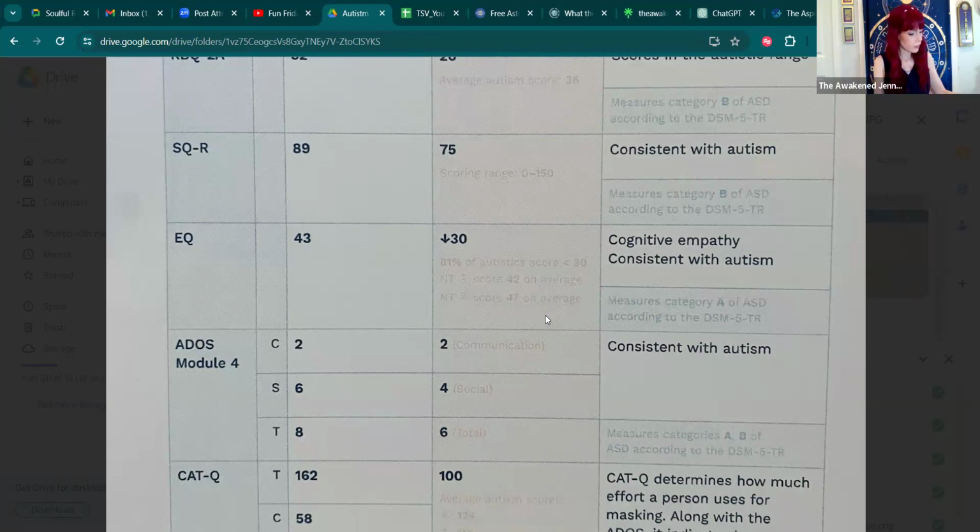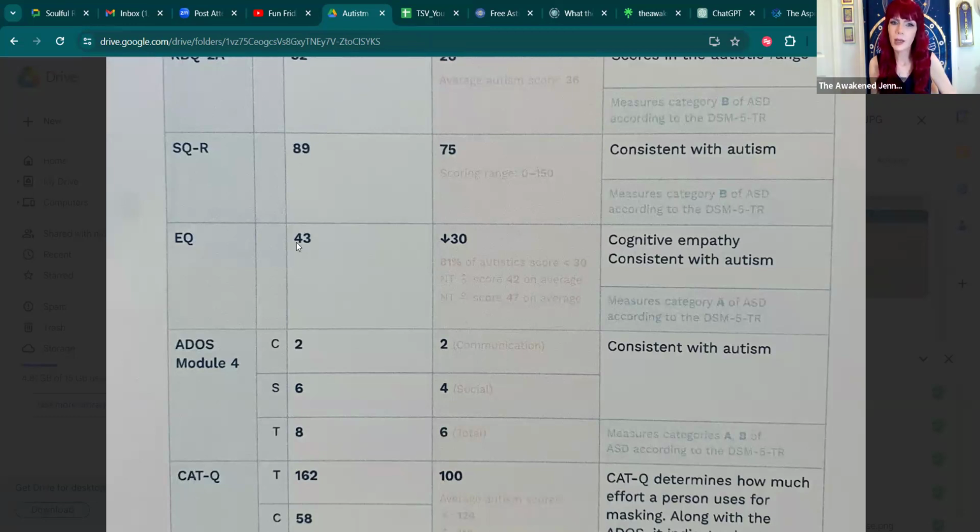I feel like I'm looking at this wrong. What I know about me is that I do have a lot of emotional intelligence and empathy, and that's not usually consistent with autism, but this shows that I have cognitive empathy, so I understand when I'm supposed to be expressing empathy.